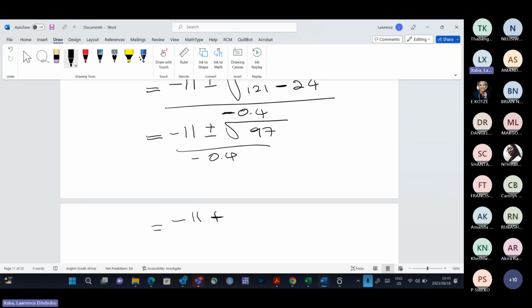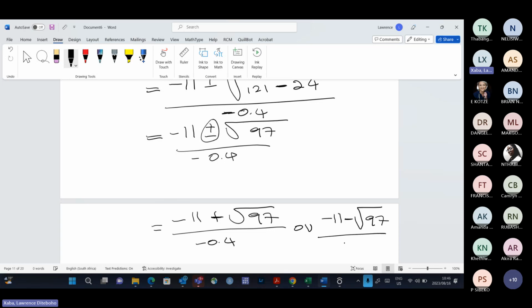Remember we had plus or minus. So in the case of plus, this is what we have. Now in the case of minus, we have negative 11 there again, minus the square root of 97 divided by negative 0.4.